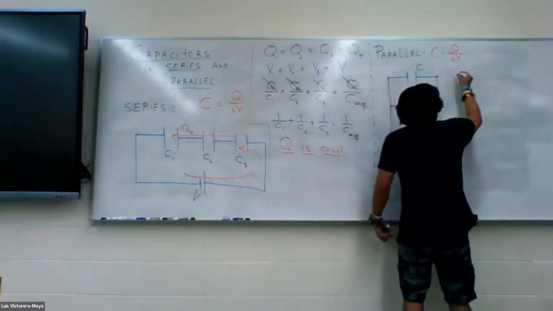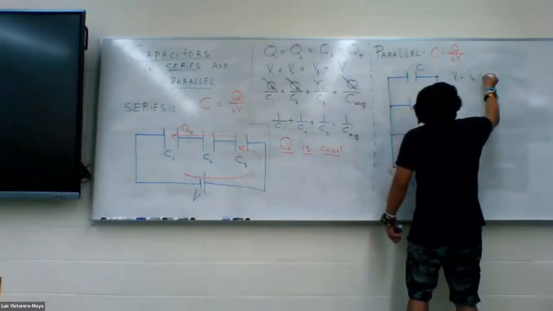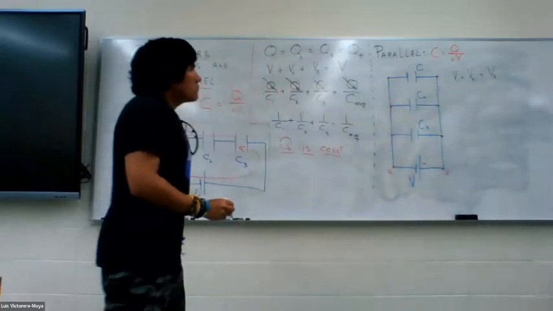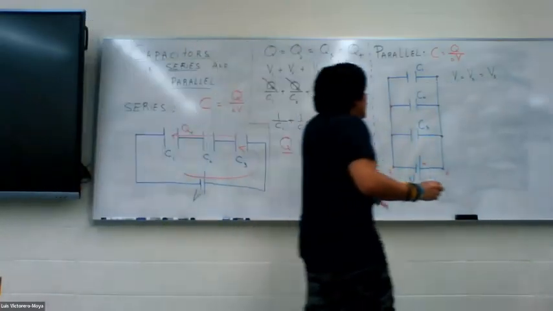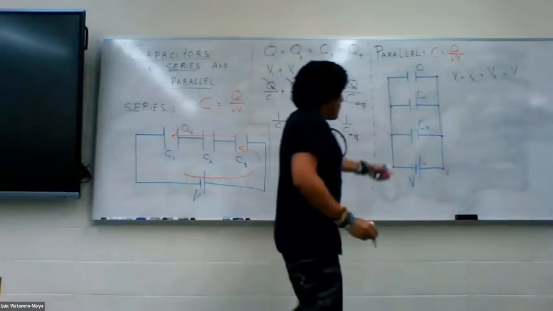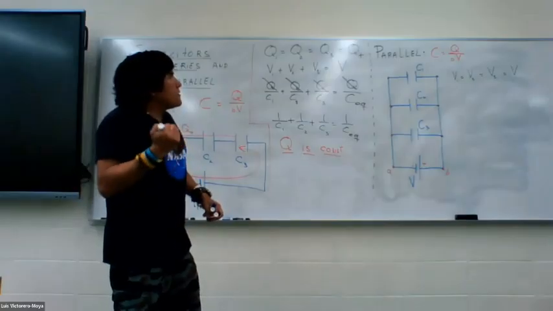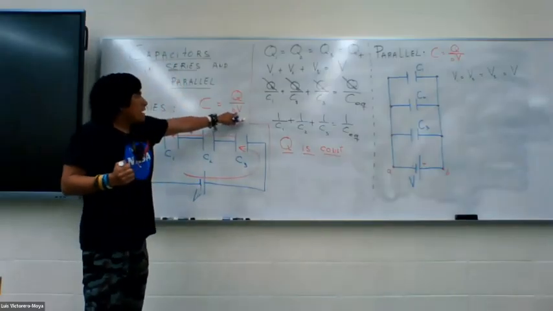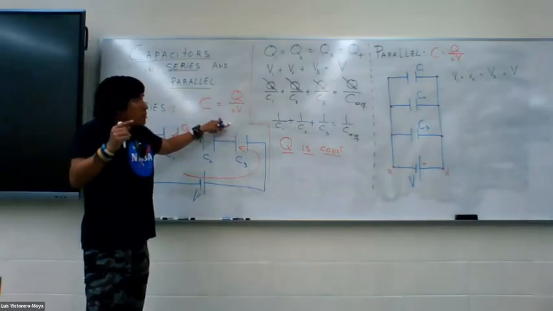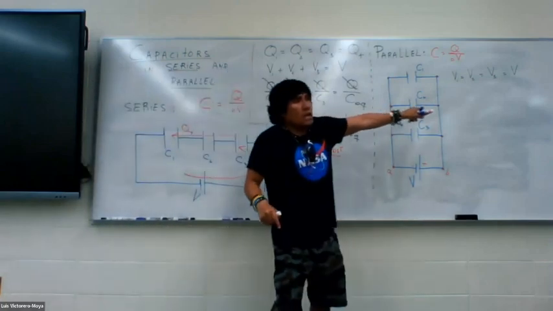So V1 equals V2 equals V3, and it's equal to V, the V of the power supply. Now, what's V though? V is Q over C. Now, the charge in this case is not constant.